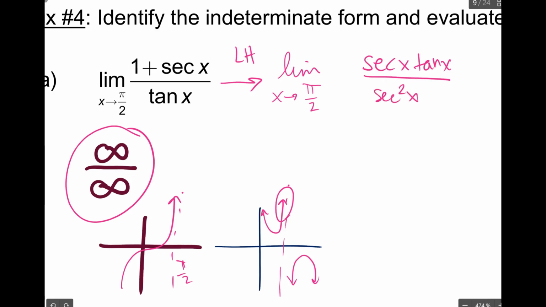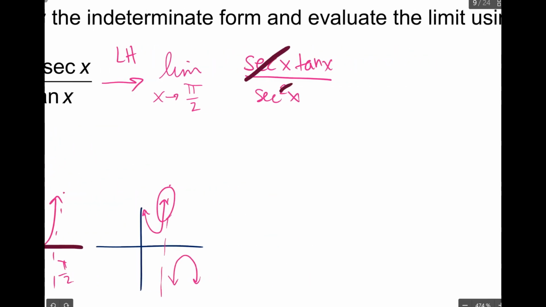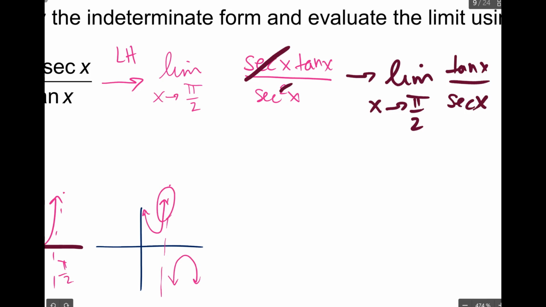Which means you can get rid of the secant, right? Okay, so I'm just going to rewrite this so we see what we had. Limit as x approaches pi over 2 of tan x over secant x. Wait, what? This actually didn't help us at all.